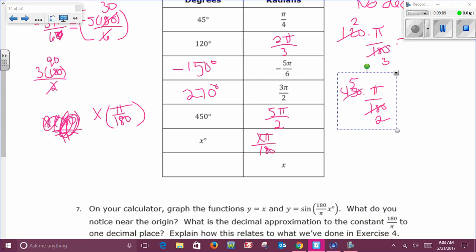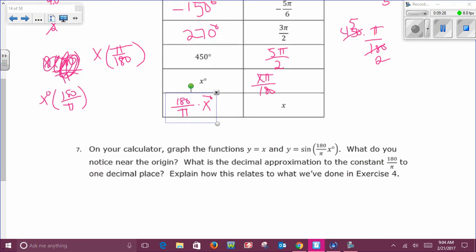And to turn it into degrees from radians, if I have x radians and I want to turn it into degrees, I'm going to do 180 over pi. So I will get 180 over pi times x. And we're not going to mess with number 7.